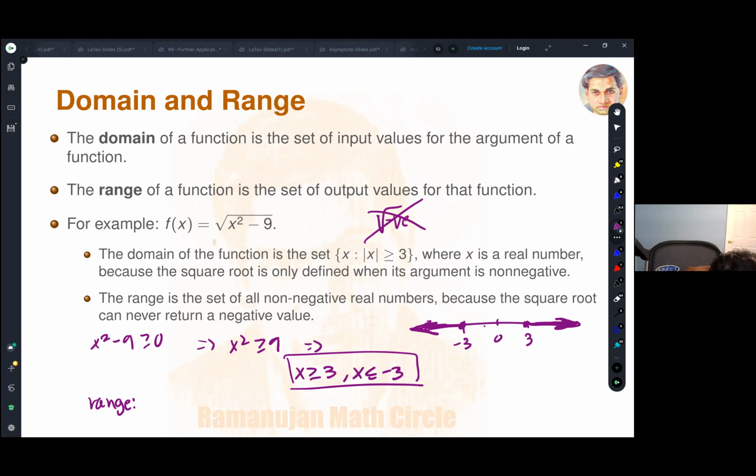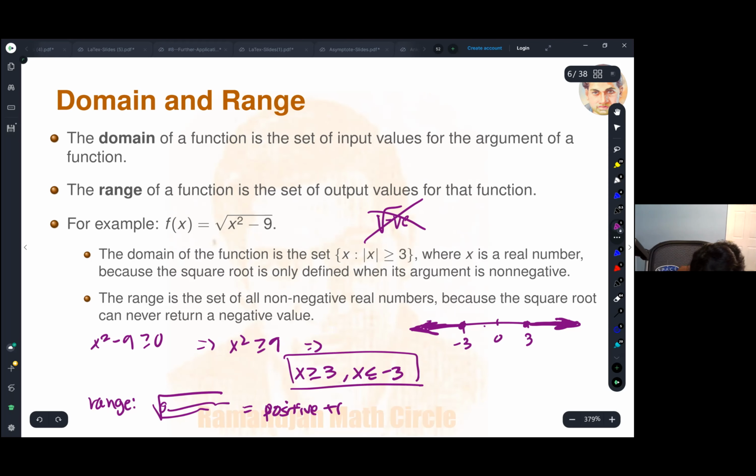The only thing in our range that matters here is that the square root of a number generally only outputs positive, or actually I should say positive and 0, right? So square root of x has to be greater than or equal to 0. And as a result, we get that the range is just y is greater than or equal to 0.